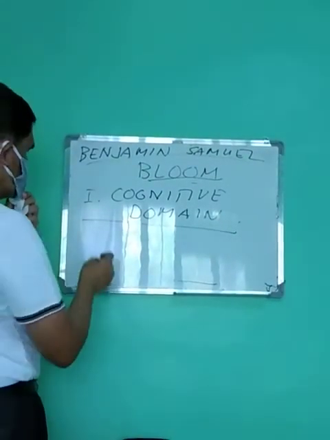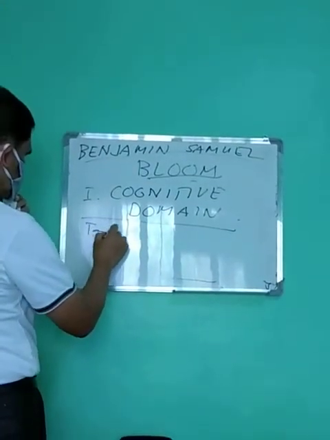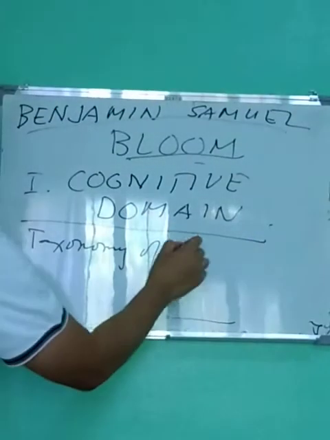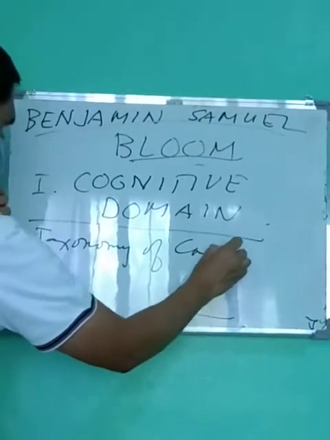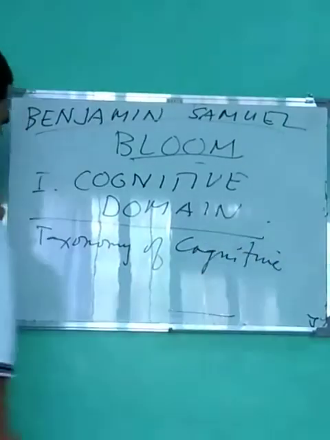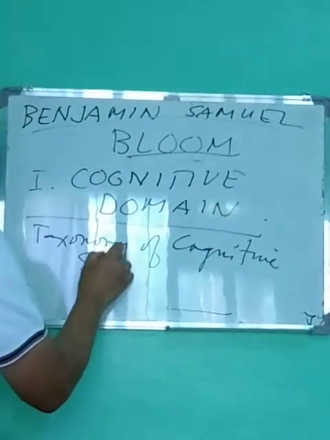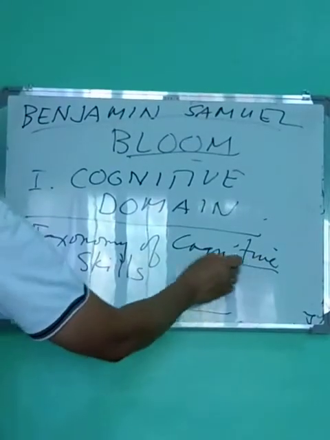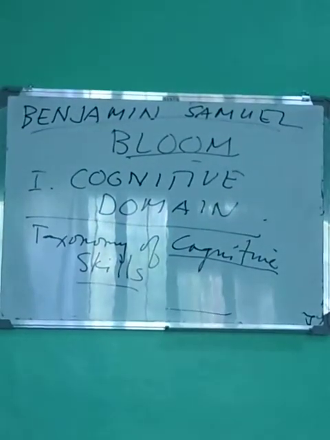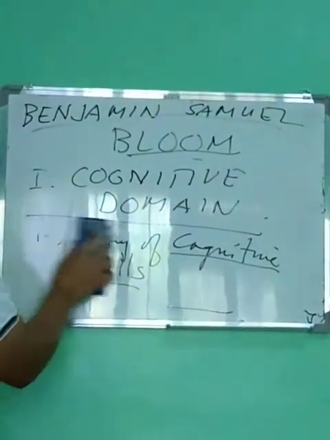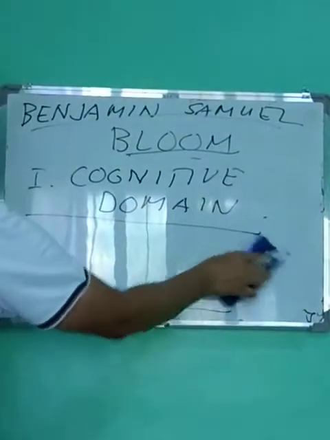He calls that the taxonomy of cognitive skills or educational objectives. So what are these skills that will require your mental exercise? We have to mention them one by one.